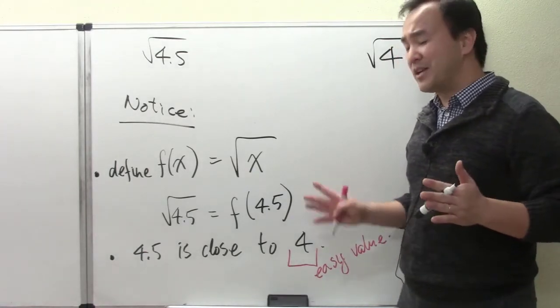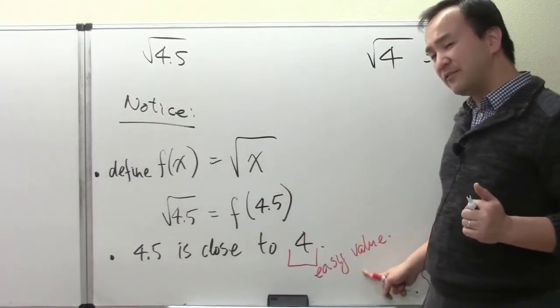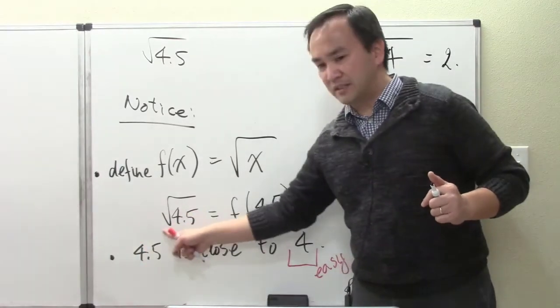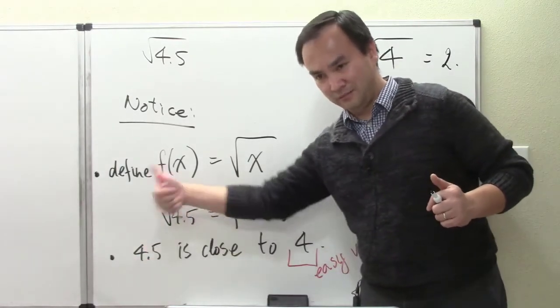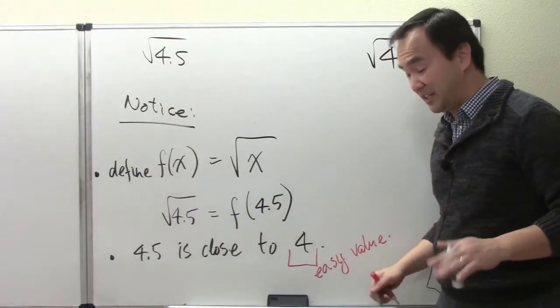Either way, you're still going to get an easy calculation on a value like this. That's why I call it an easy value. So the point is we are trying to approximate a value, but the good news is it's close to some easy value.